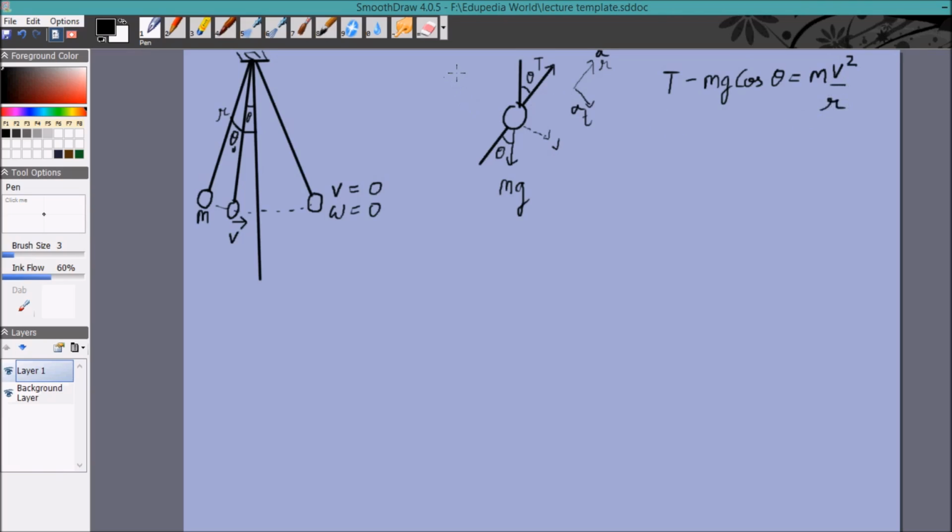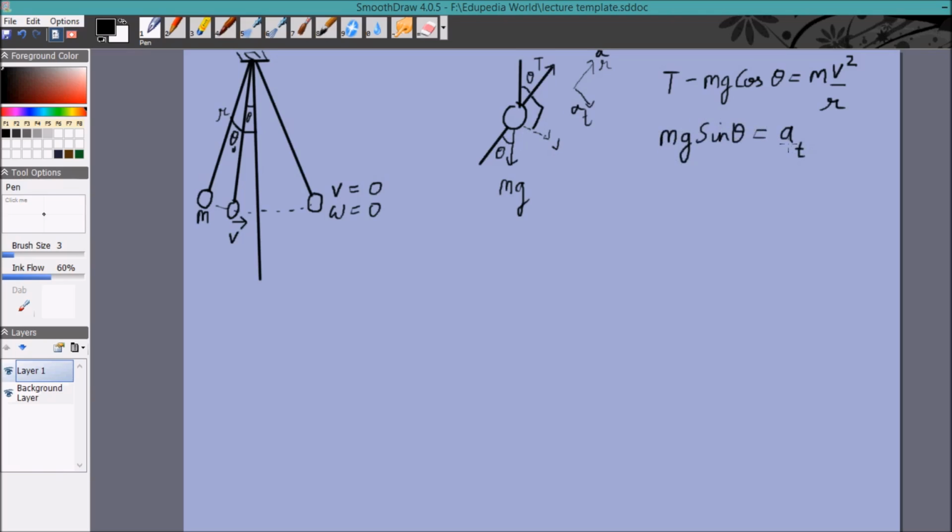And in the direction perpendicular to it, that is the tangential direction, the component of T will be 0, I apologize. The component of T will be 0 since this angle is 90 degrees, and the component of mg will be mg sine theta. So we'll have mg sine theta is equal to m AT.